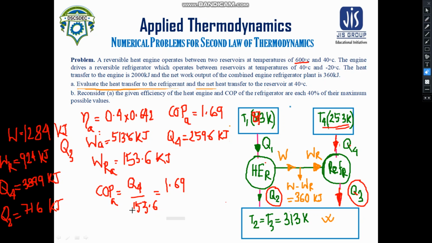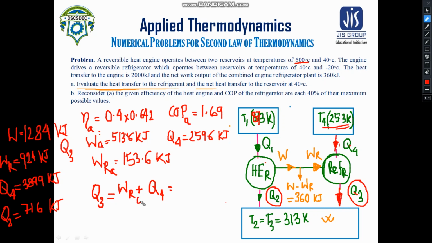You know, simply from the principle of energy conservation, we are doing the same thing, but things have changed. The efficiency and the COP have been changed. So from the principle of energy conservation, Q3 is nothing but WR plus Q4, right?